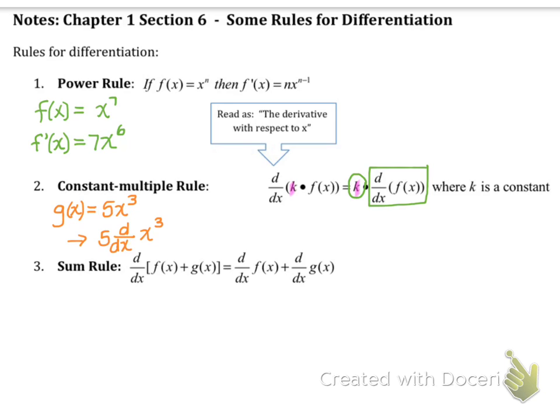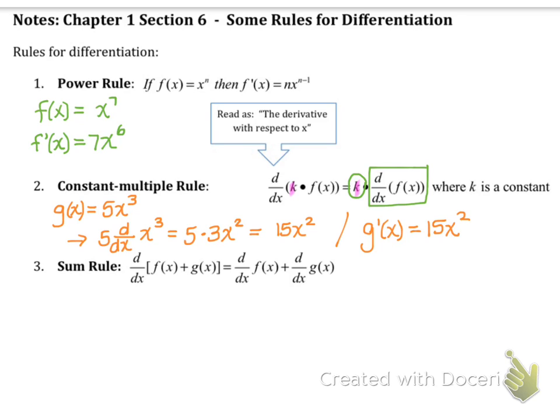So we know that this is going to equal 5 times the power rule, 3x to the second. So we can say that this equals 15x to the second. You also could have said g prime of x equals 15x to the second.